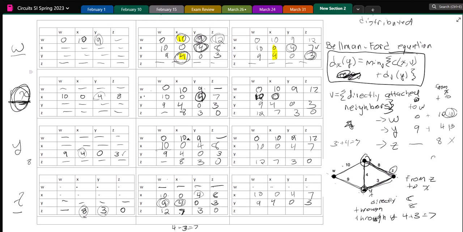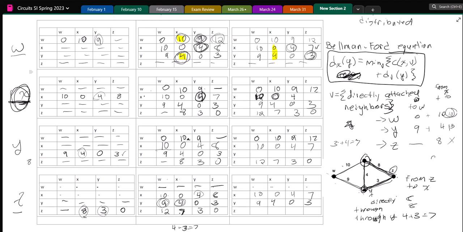From x to y is currently 4. Is there any way we're going to get less than that? No. So we can leave that. From x to z, it's currently costing 7. Our only possibility here, let's see, so going through w is not going to help. That's 12.